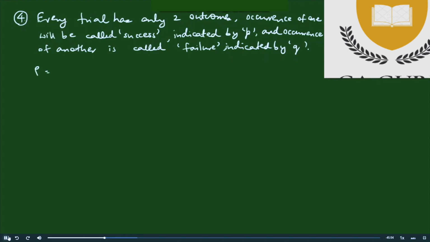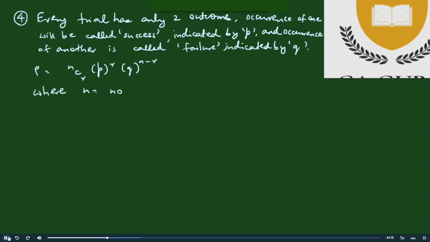Probability is equal to NCR into P to the power R into Q to the power N minus R. Now what do these terms mean?